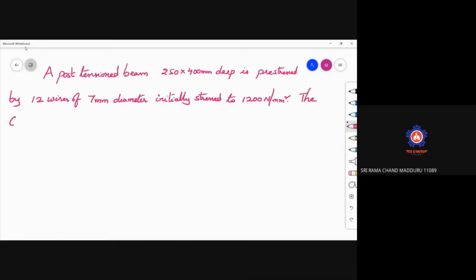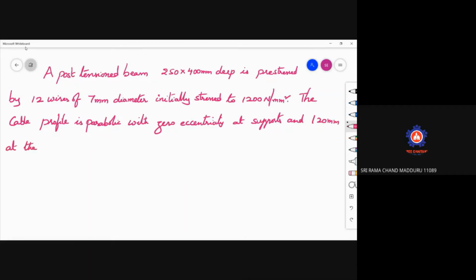The cable profile is parabolic, with zero eccentricity at supports and 120 mm at the center. The span of the beam is 10 meters.